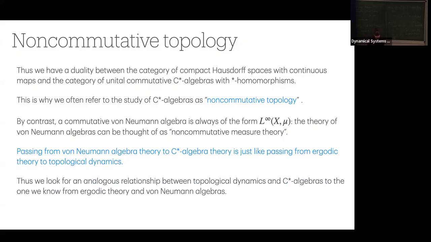Okay, so the point is that we would like now to look for an analogous relationship between topological dynamics and C-star algebras to that we've seen from ergodic theory and von Neumann algebras. And again, this is a very popular direction of research. I'm sure we'll hear talks about it throughout this week and the rest of the semester.